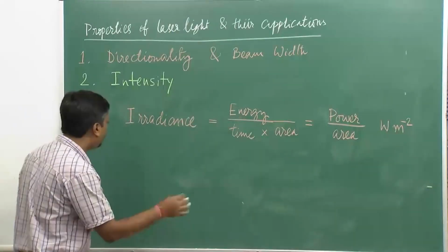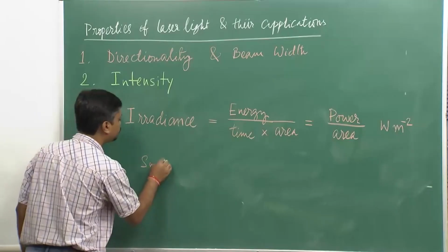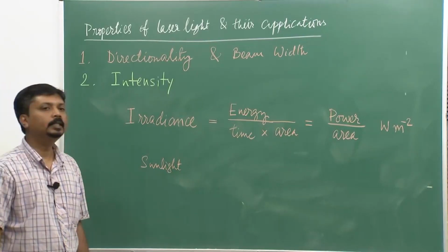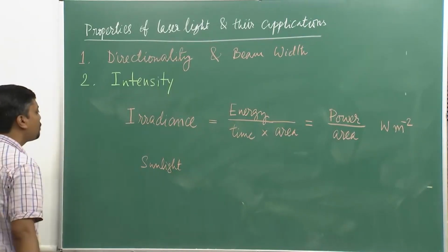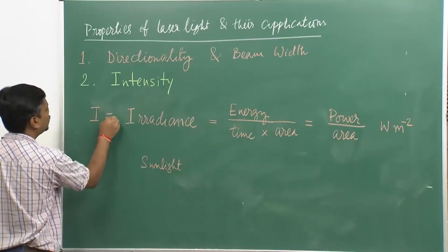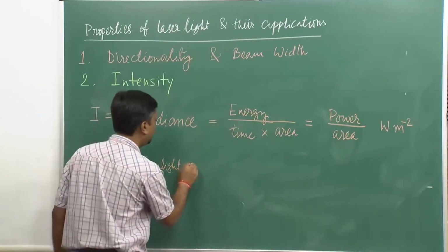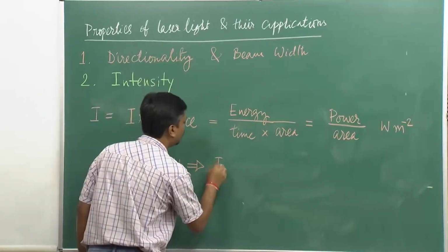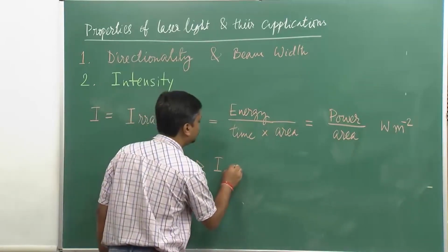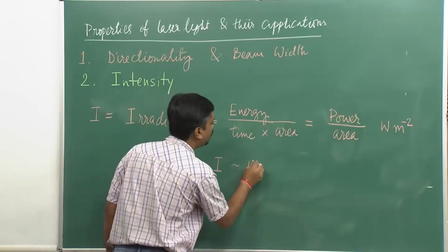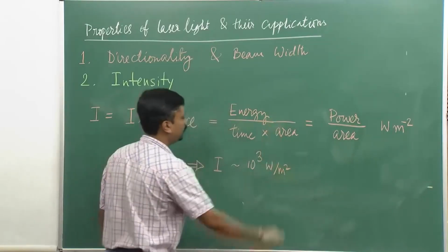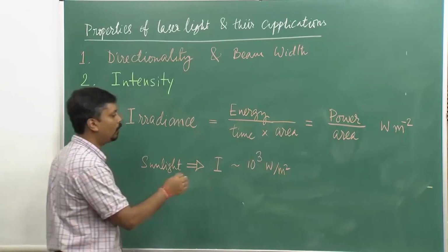So for sunlight, if I consider 1 meter square area, then the irradiance value, irradiance is written as I. So for sunlight, I value on earth is typically 10 power 3 watt per meter square. This is on the earth's surface.